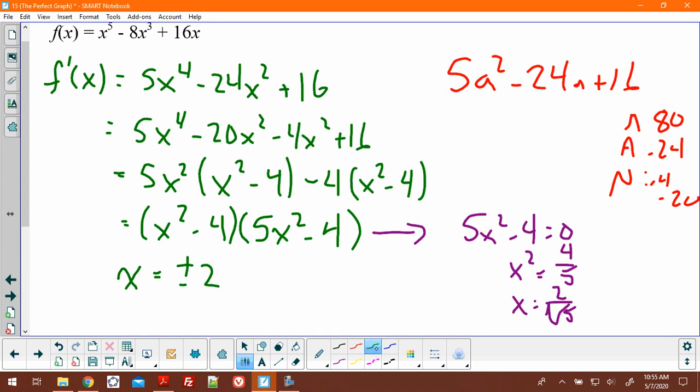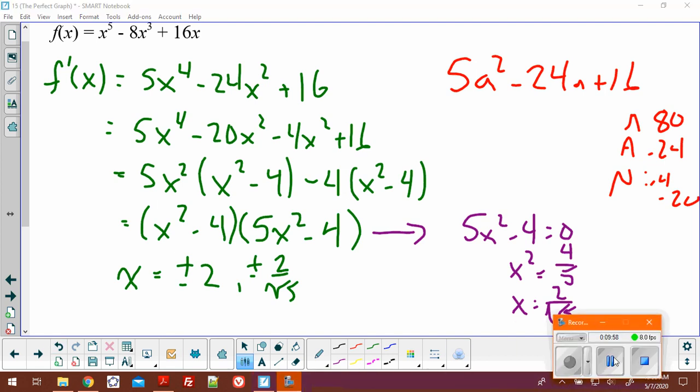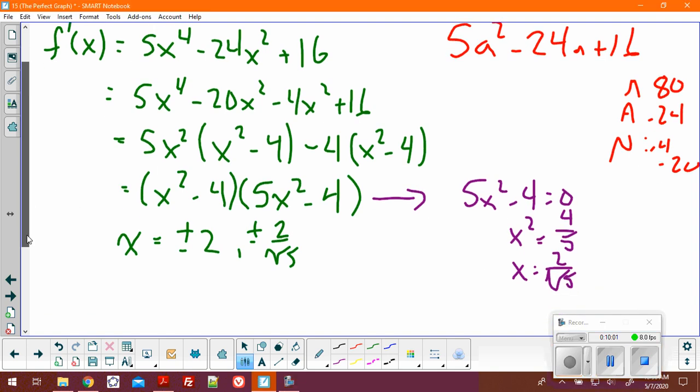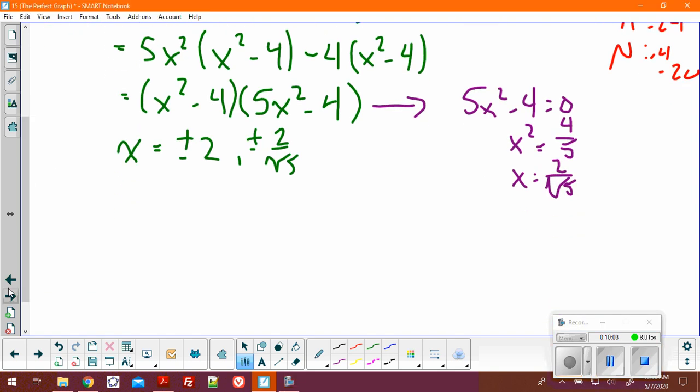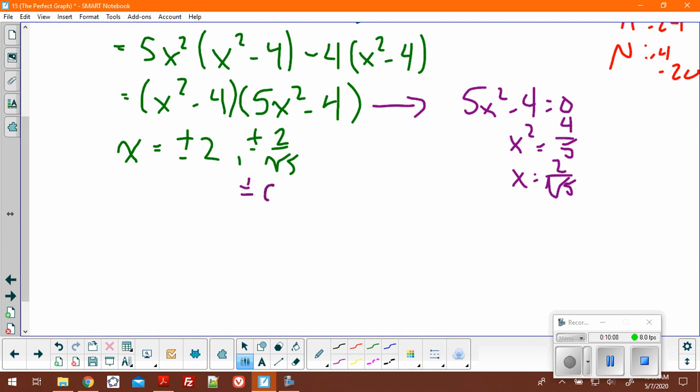So my other roots are going to be plus or minus 2 over root 5. To help me with that, I'm going to get the decimal approximation, so this is roughly plus or minus 0.89.